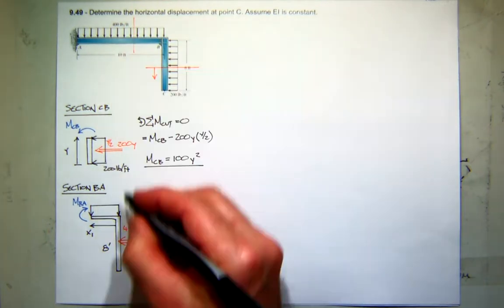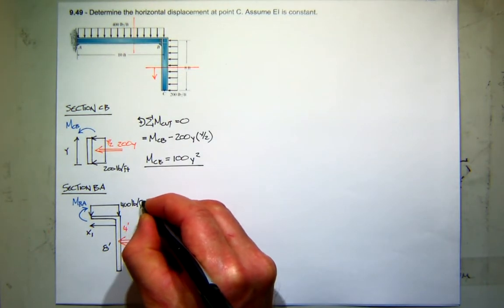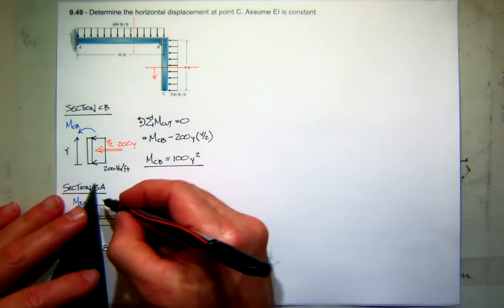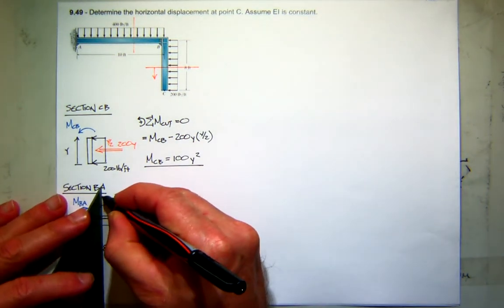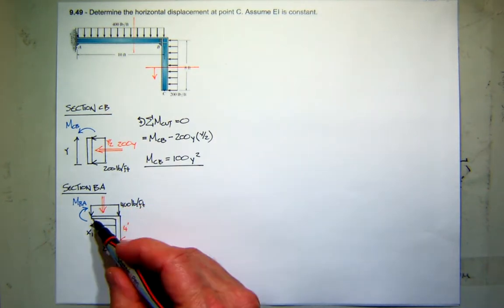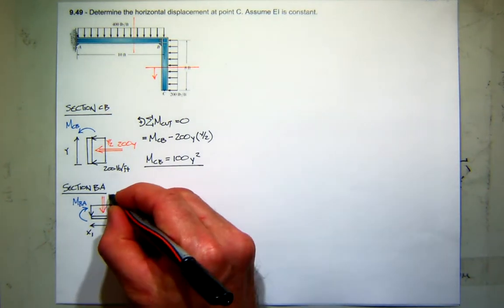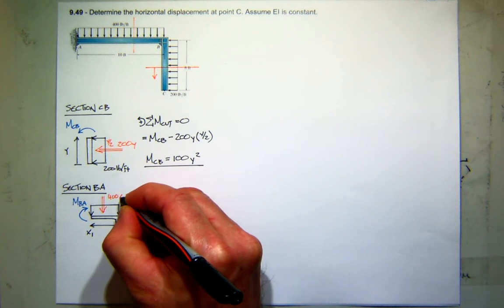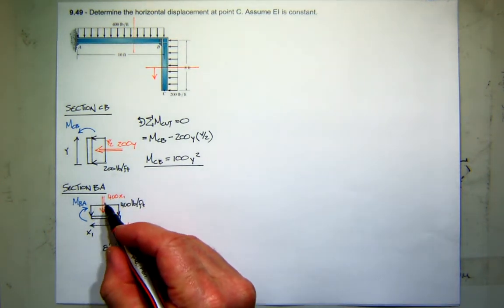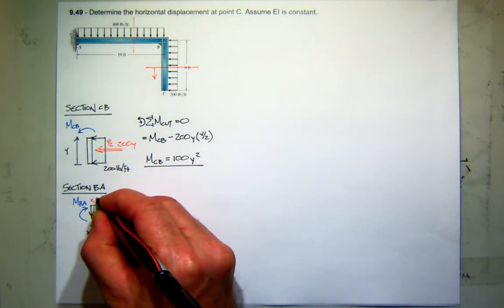It has an intensity of 400 pounds per foot. So the concentrated equivalent force that acts through that centroid is again this area, which is the base, which I called X1, and the height 400. So this will be a value of 400 X1. And what's the distance from the cut? X1 divided by 2.